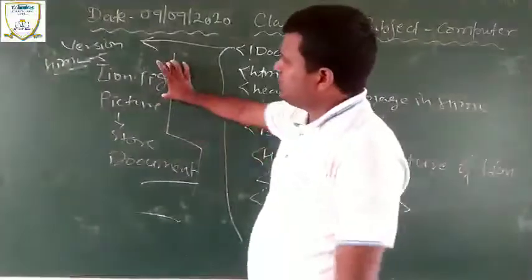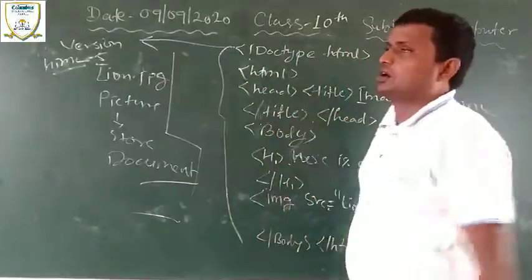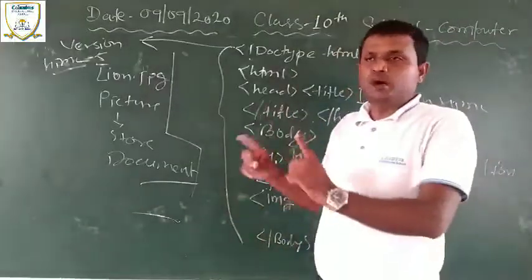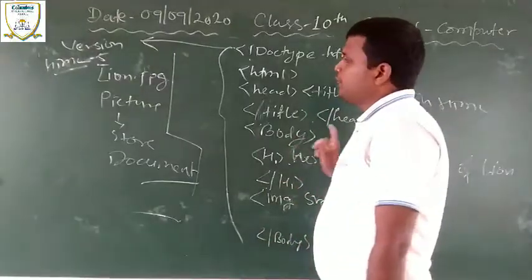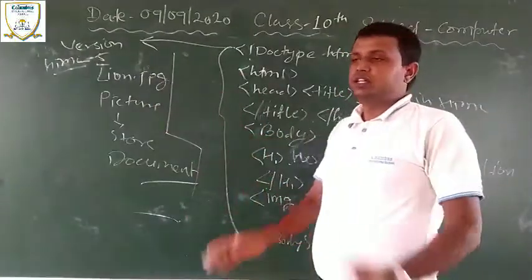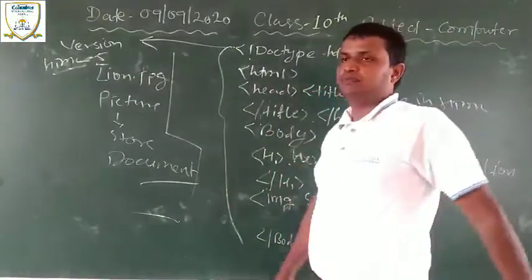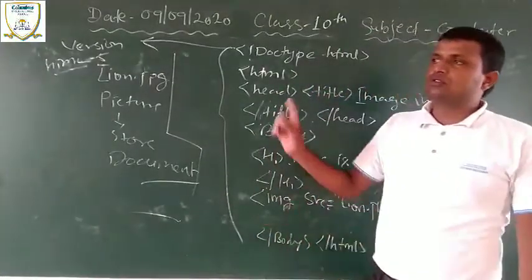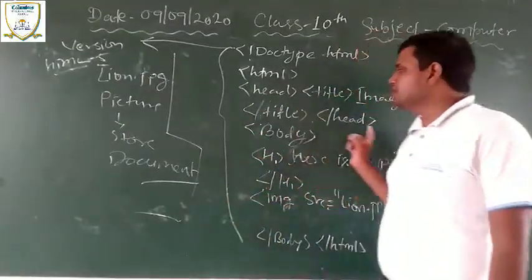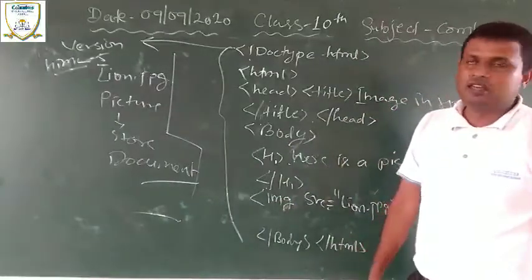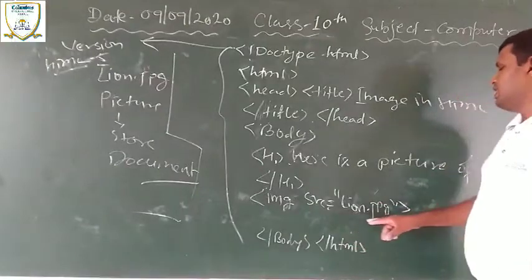So, lion pictures, listen carefully. Those pictures you want to show in the HTML document, you first have to store in the document folder. If you do not store that file in the document folder, that picture will never be present in this HTML. So here we write img src lion.jpg.